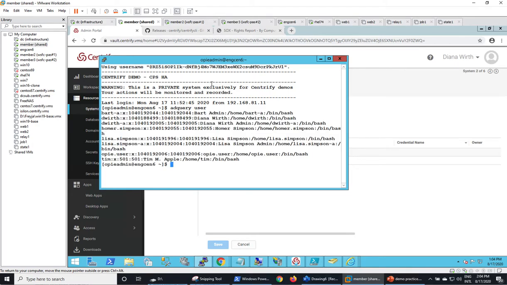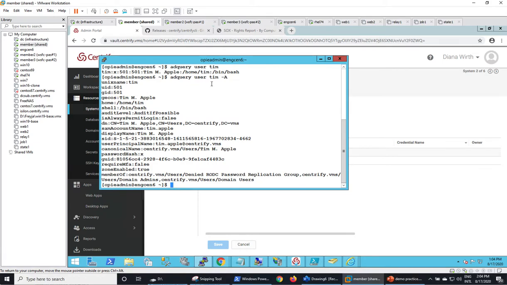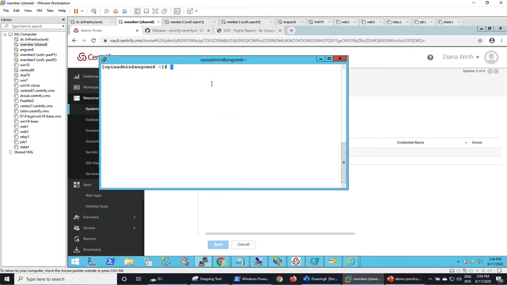So this is going to spit out all the users. So I want to focus on Tim. So if I wanted to take a look closer at Tim, or I can do the -A. This is going to be a lot of information, but I'm interested in what Tim can do in the system. So I can elevate and do a dzinfo for Tim.